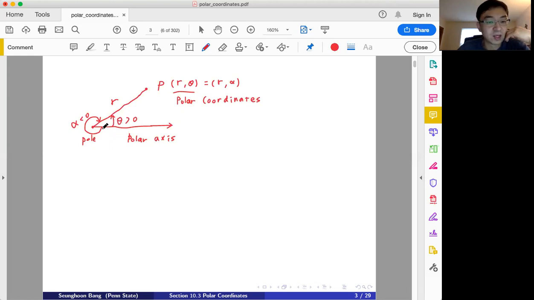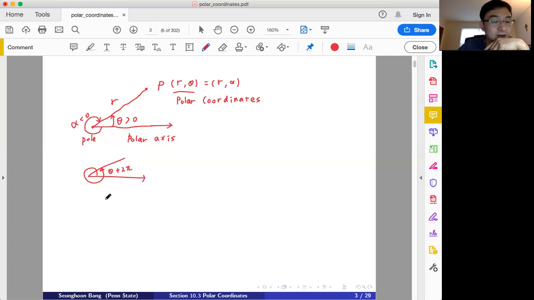Another method is the next one. We use one revolution here. How can you measure this angle? One revolution, and add theta. This is theta plus 2 pi.